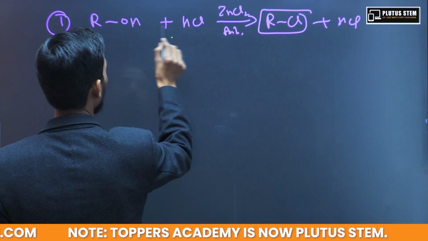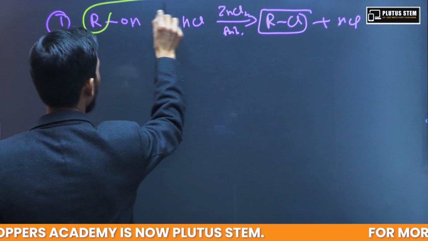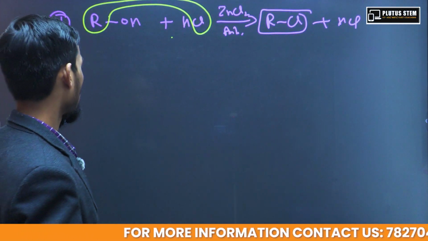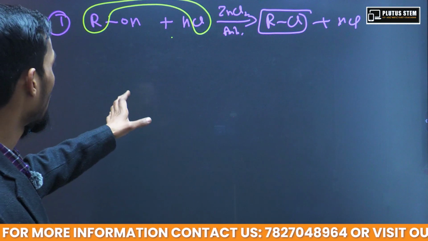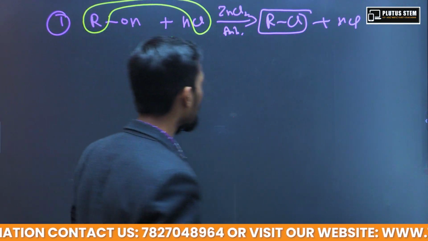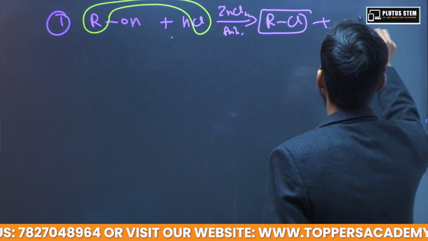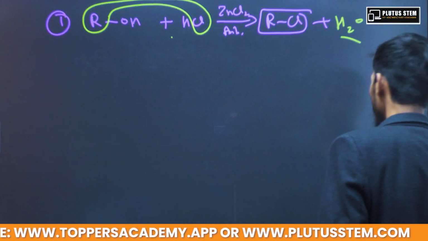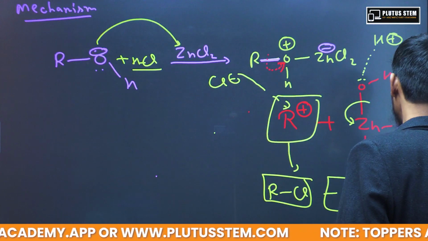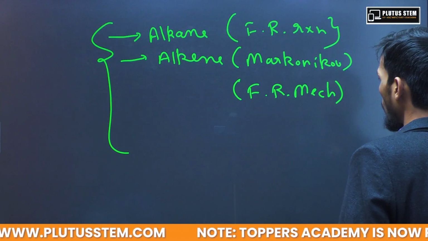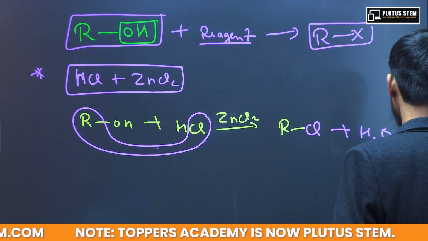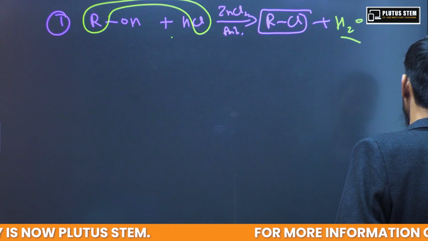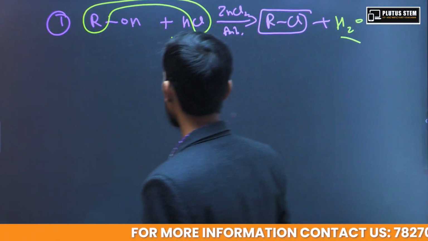If you don't want to do the mechanism, you can clearly write it like this: RCl plus water. Sorry, yes. You can cross-check this if you made this mistake while solving the mechanism, where we had made water. Clear? So this is the first reaction which we have studied.